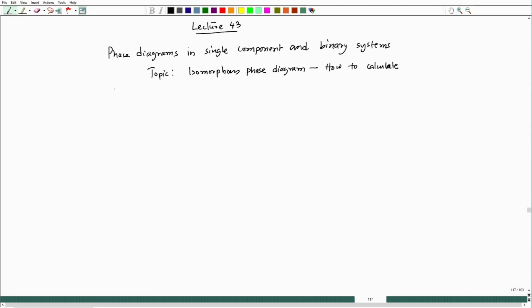Now, let us start doing that. We are talking about an isomorphous phase diagram in a binary system, and we will take the germanium silicon system and see how we arrive at those equilibrium compositions at a particular temperature.